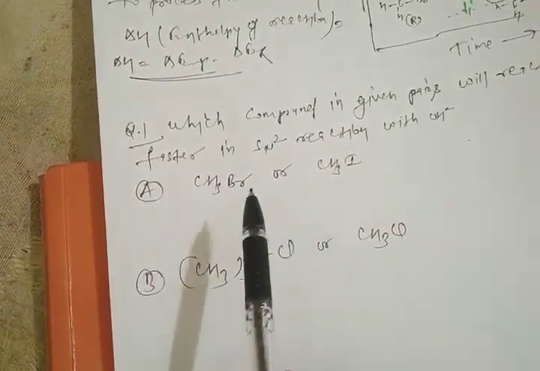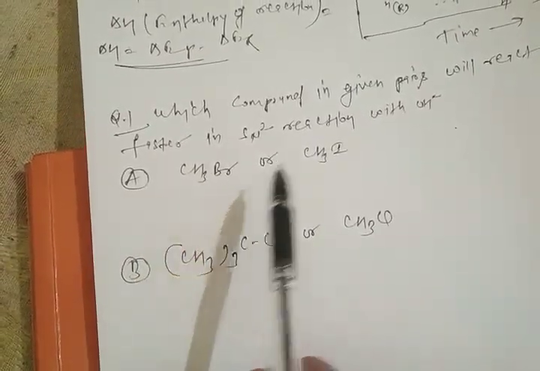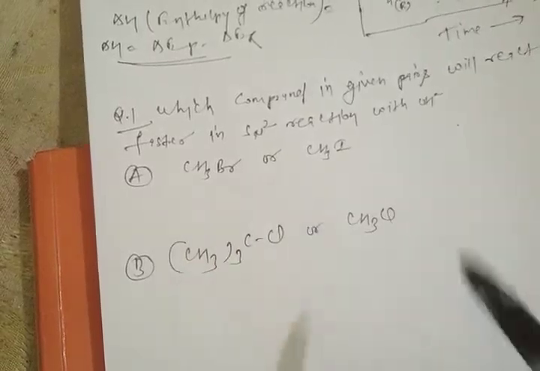You need to give the reason which one will give the faster SN2.